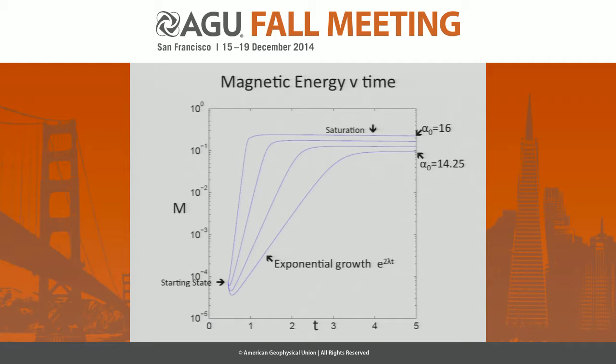And you can see the greater the alpha, the more rapidly it rises, and the greater the equilibrium state is. And the magnetic energy, which is what we're plotting here against time, is exponential, and it rounds off and saturates.